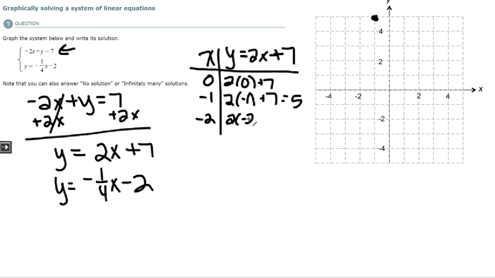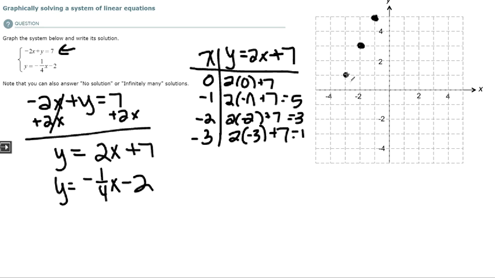So 2 times negative 2 plus 7. 2 times negative 2 is negative 4 plus 7 is 3. So we get to 3. There we go. Negative 3, we'll do that as well. So that's negative 6 plus 7, which is 1.